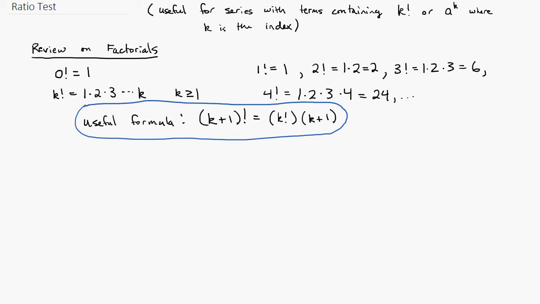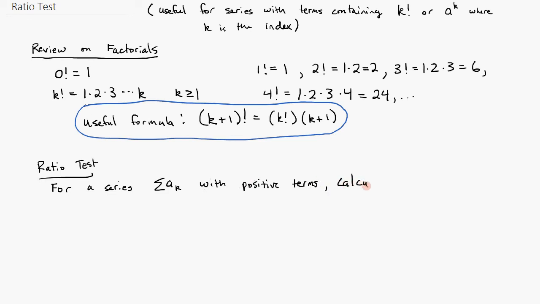Okay, so now let me describe the ratio test. The ratio test says that for a series with positive terms, we calculate the following limit.